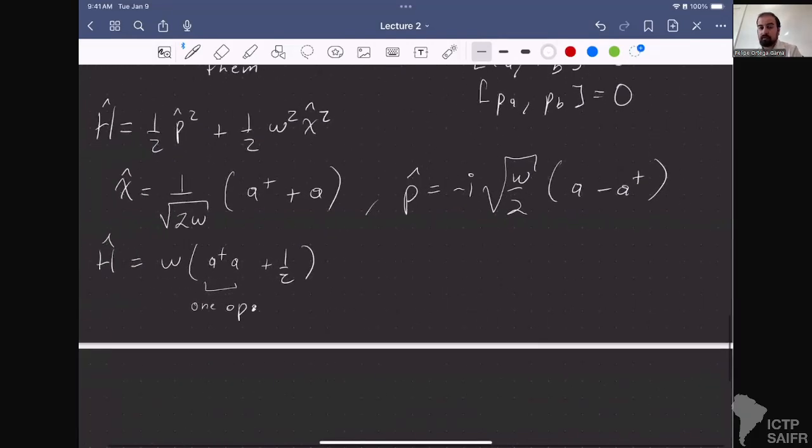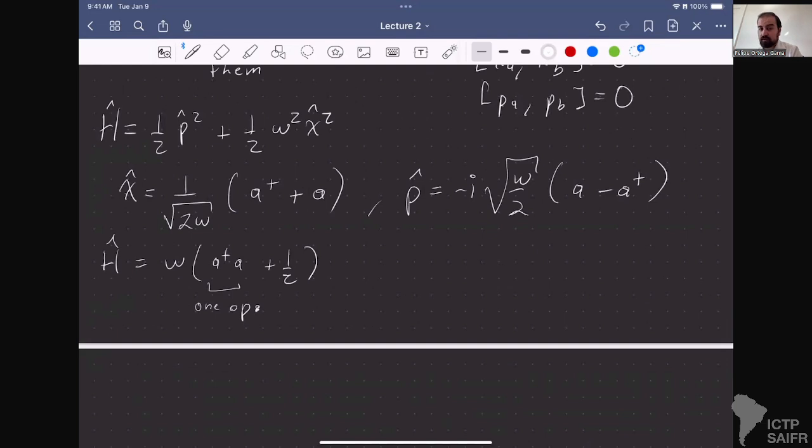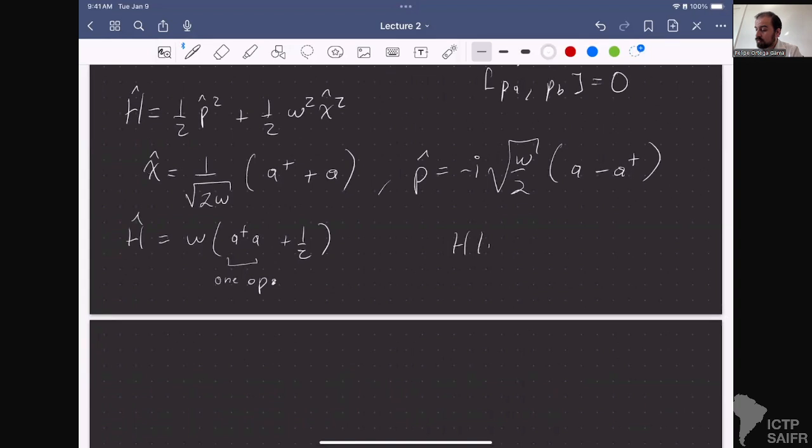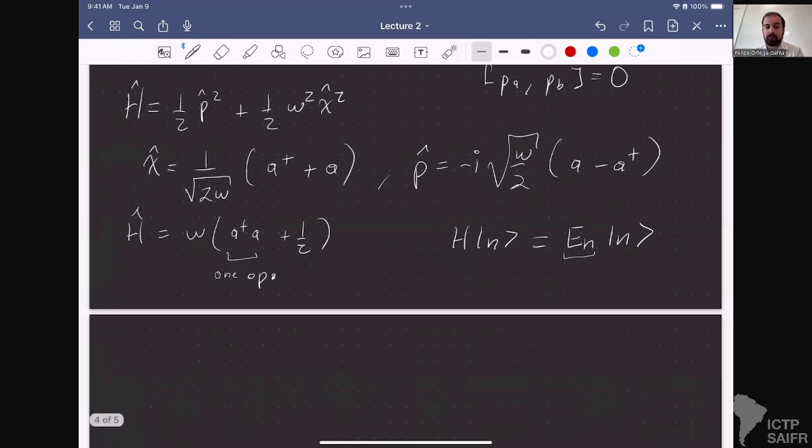So you probably are familiar with the solution of this. We define some energy states n. We say that their energy is given by En, and then we can use the fact that there's going to be a commutation relation between H and A dagger, which is going to be given by omega A dagger, and something similar with HA.